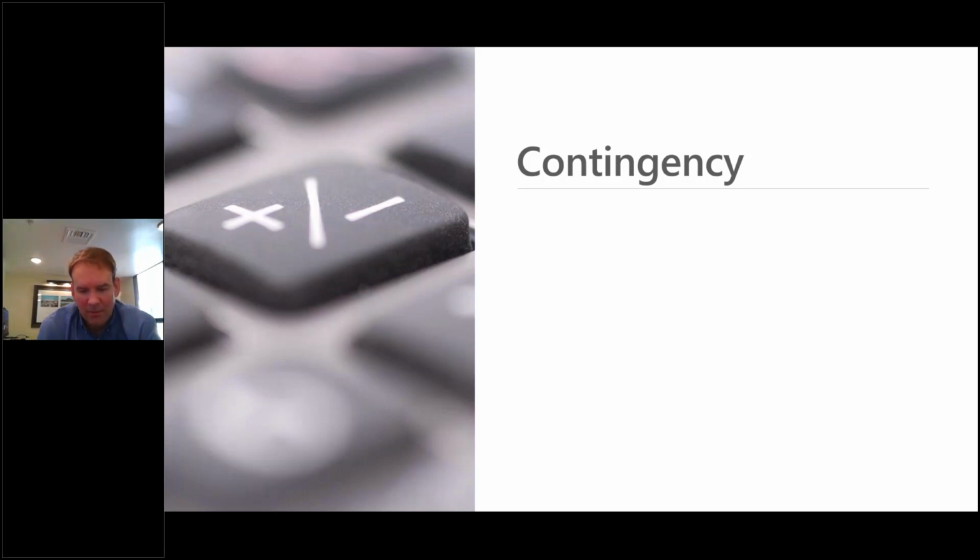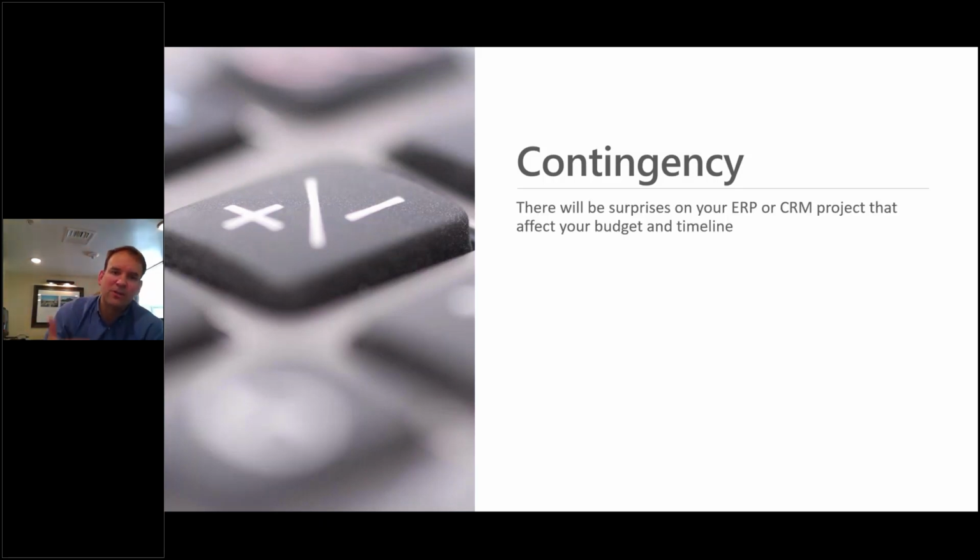So I'll talk a little bit about contingency, and then we'll open up for our first poll here. So what is contingency? Contingency is just setting aside a little extra budget for things that you don't know yet. There will be surprises on every ERP or CRM project that you probably haven't budgeted for.